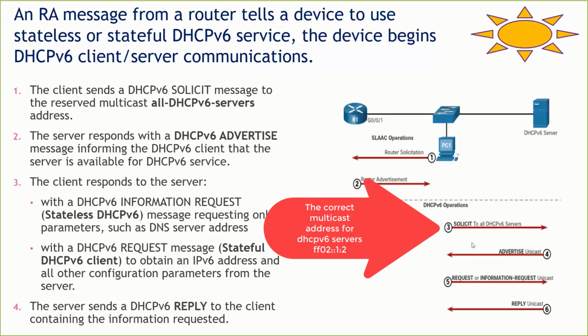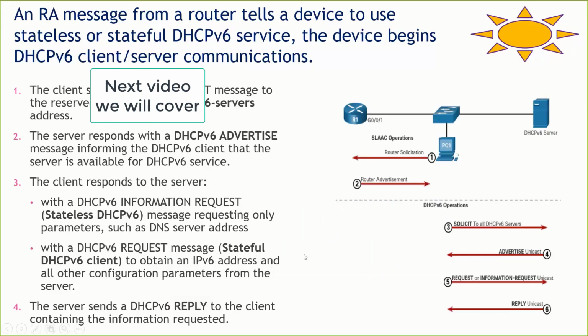I want to say it's FF02::6. Would somebody look that up? Do a Google search for what is the multicast address for DHCP servers, Mama Queens. So what is the multicast address for DHCP servers? I don't remember it off the top of my head here.